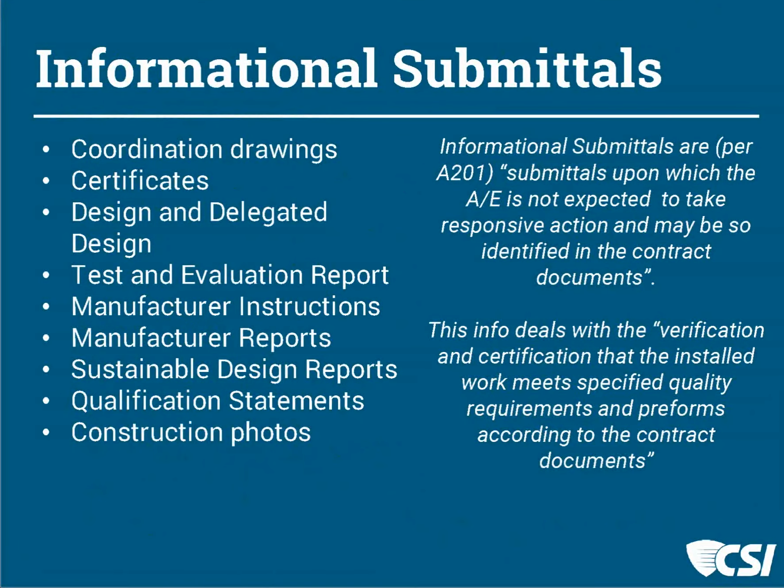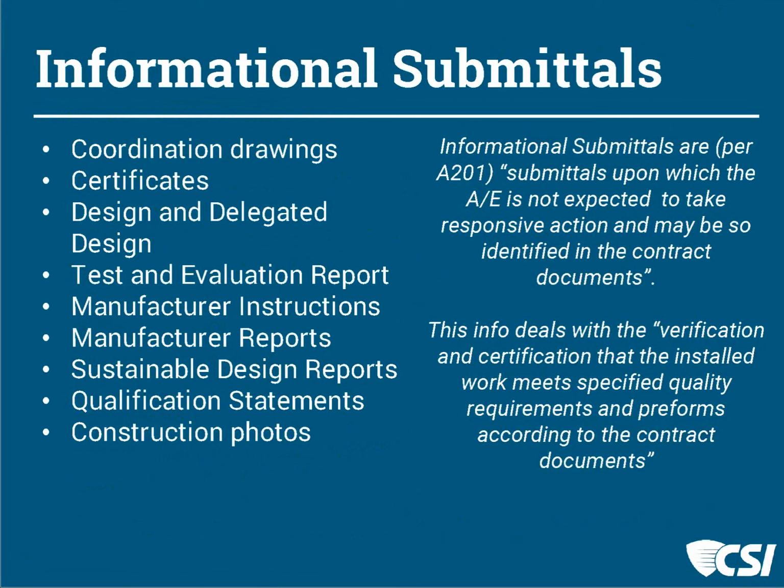So you can see within the AIA documents, this is a copy out of the A201. They are submittals which we are not expected to be responsive to, and so it's identified that way in the construction documents, but it is information that may be critical to coordination on the job and verification that certain criteria are being met.